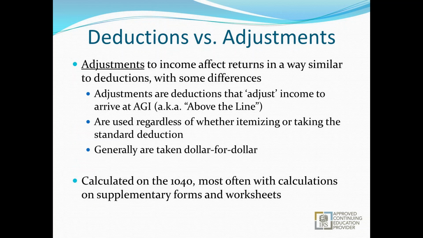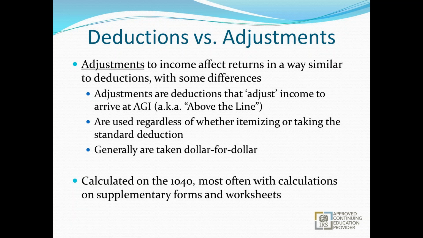You do also have a deduction category that's known as adjustments. An adjustment to income is similar to a deduction. There are some differences, though. Adjustments are deductions that adjust the income to arrive at adjusted gross income. They're called above-the-line deductions.